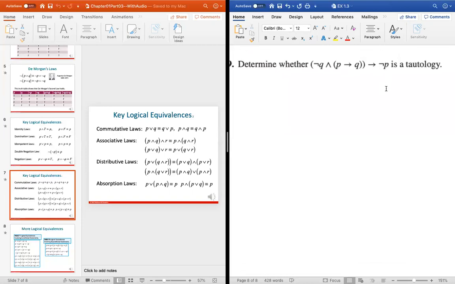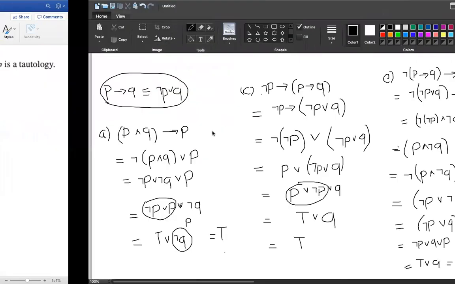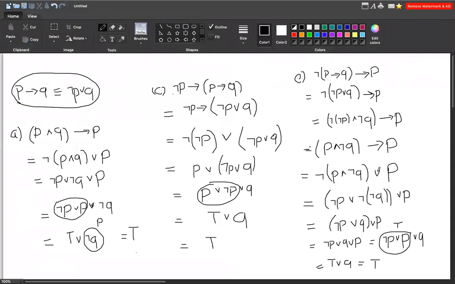We can either do it using the truth table, or we can use the logical equivalences to prove this. So let's do this using the equivalences so that you understand how to use the equivalences better. Okay, so if you have taken note of this, we can just remove this.